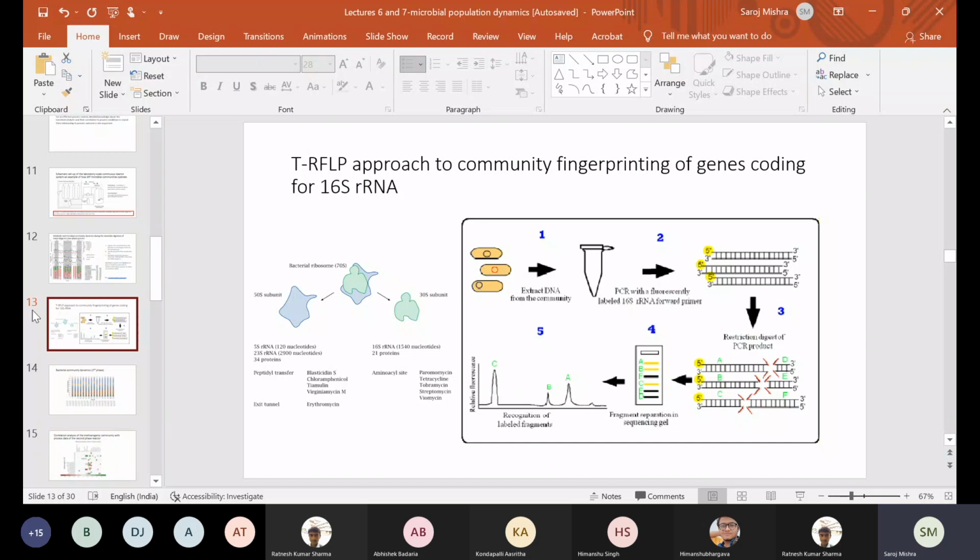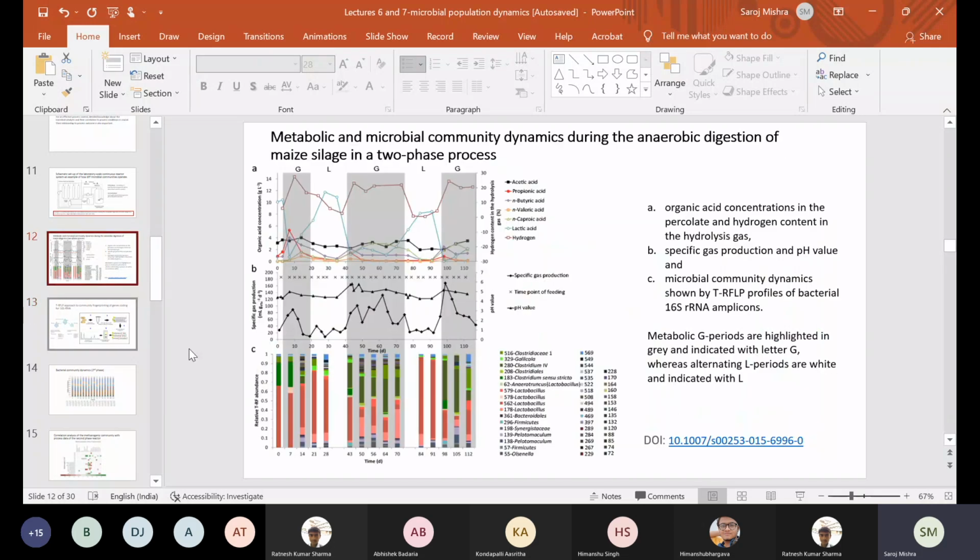That is exactly the data you see in this picture. On the y-axis in panel C, the relative terminal restriction fragment abundance, out of 100% of relative fluorescence, this particular signal is contributed by Lactobacillus 562. Is that clear, as to how both identification and enumeration can be done? That is, they can be quantitated.